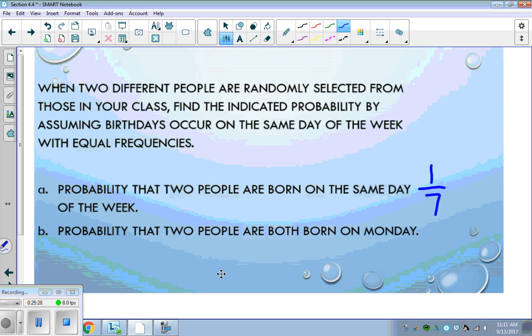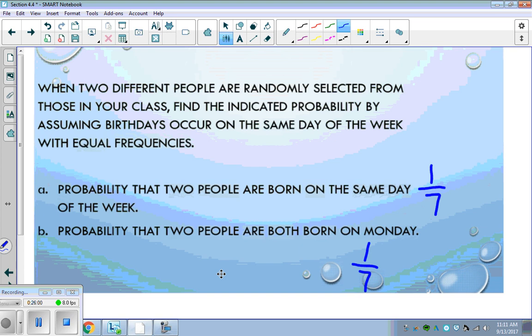Because Part B is the probability that two people are both born on Monday. So right now, before I even choose the first person, what is the probability that they are born on Monday? 1/7. So that's my first person that I'm choosing.